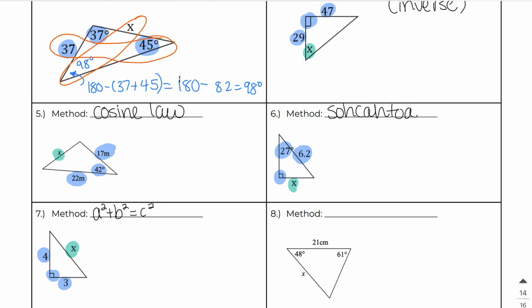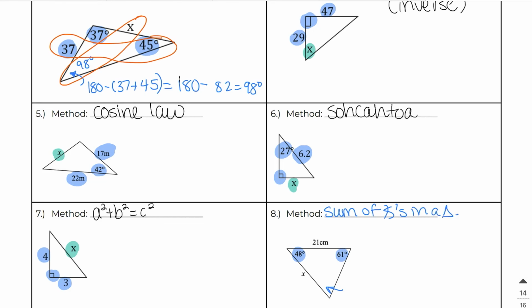Okay, and in our last example that we have here, this one was a tricky one because we are given two angles. We need to find our third angle right here, which we can actually find using the sum of the angles in a triangle. But that's not all we're going to do.